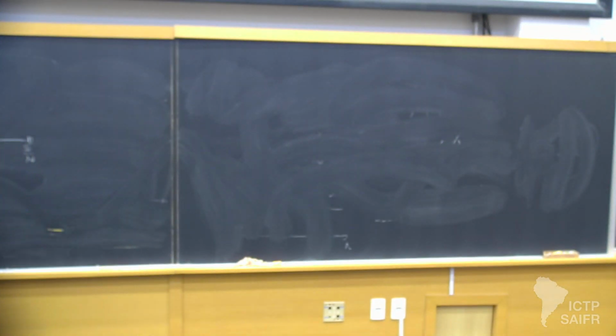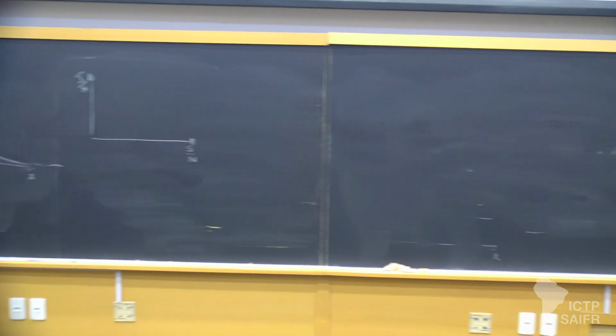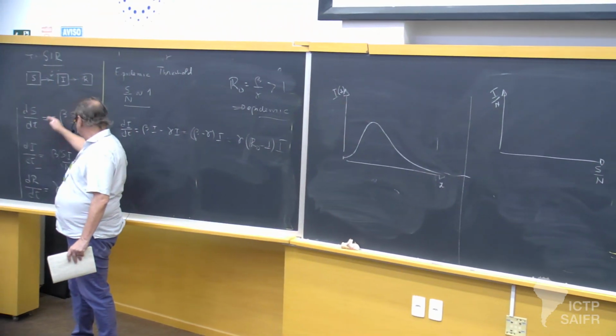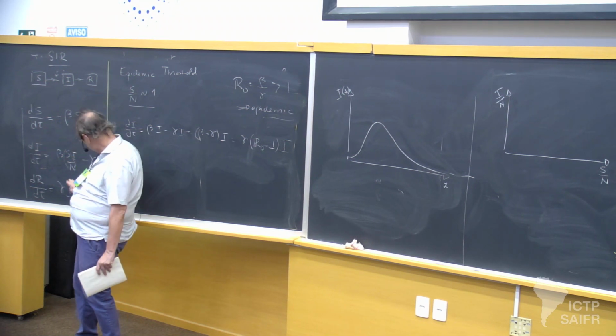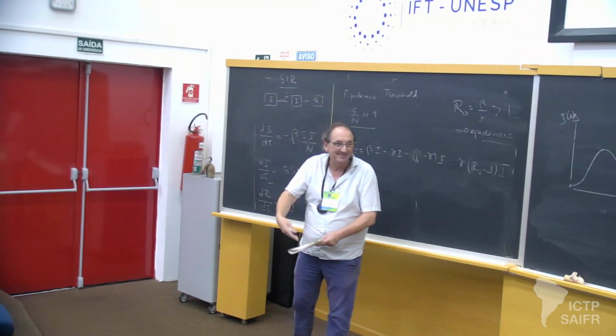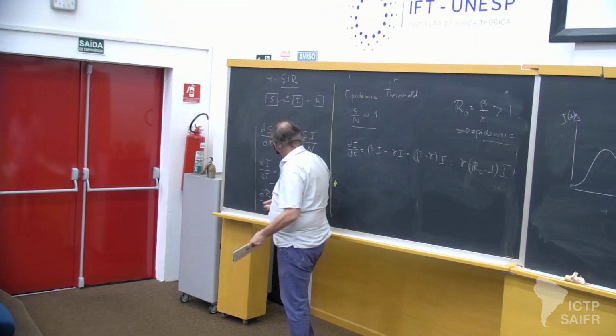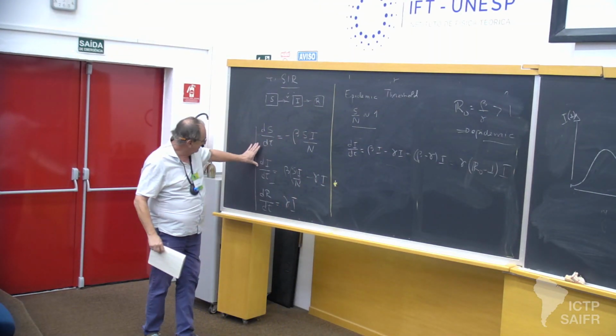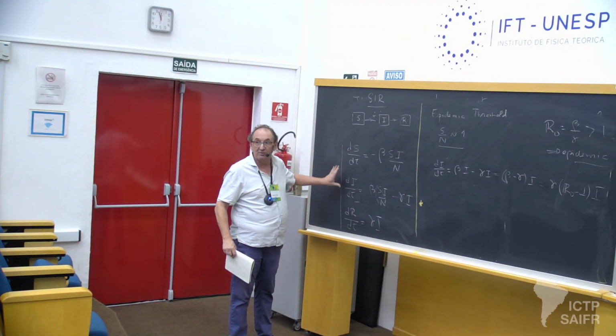So every solution has a value of S, I, and R. I'm forgetting R because R is not connected to these equations here. R could just be a repository. It's just counting.